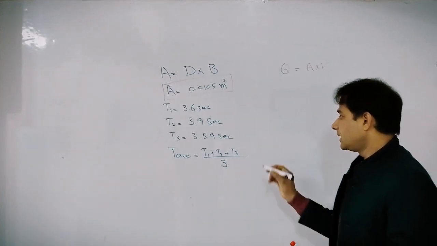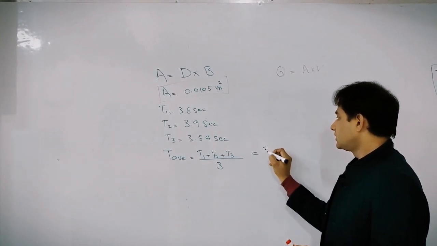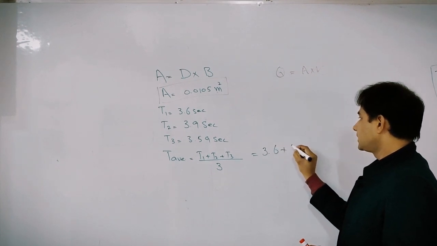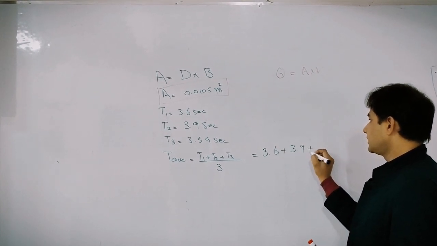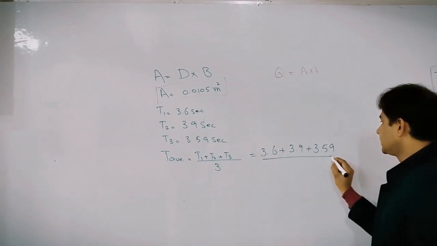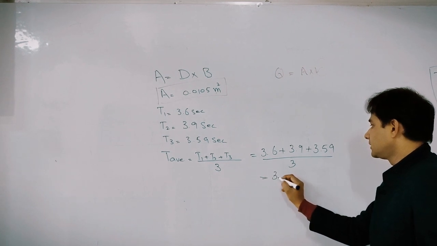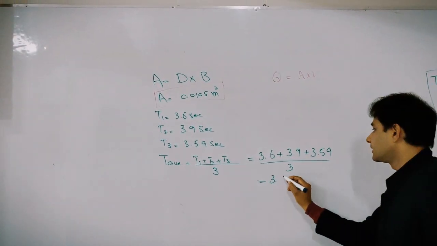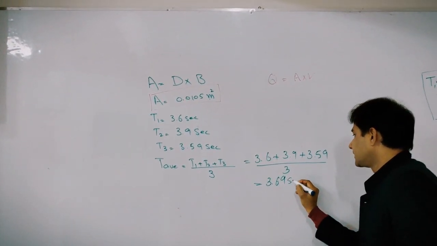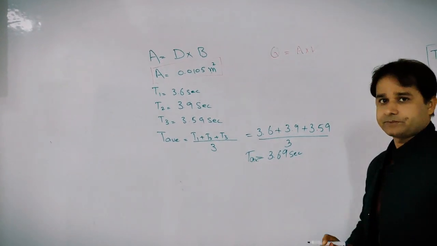So our average time is 3.6 plus 3.9 plus 3.59 divided by 3. It gives us a value of about 3.69 seconds. So this is our average time.